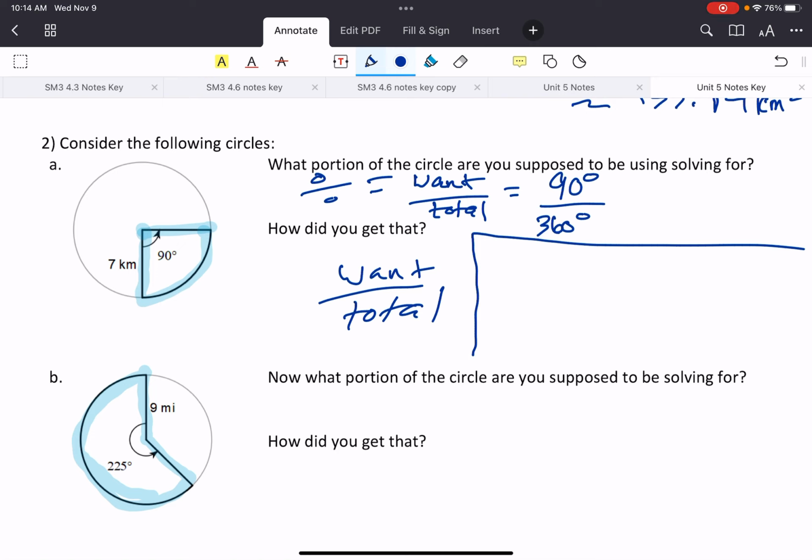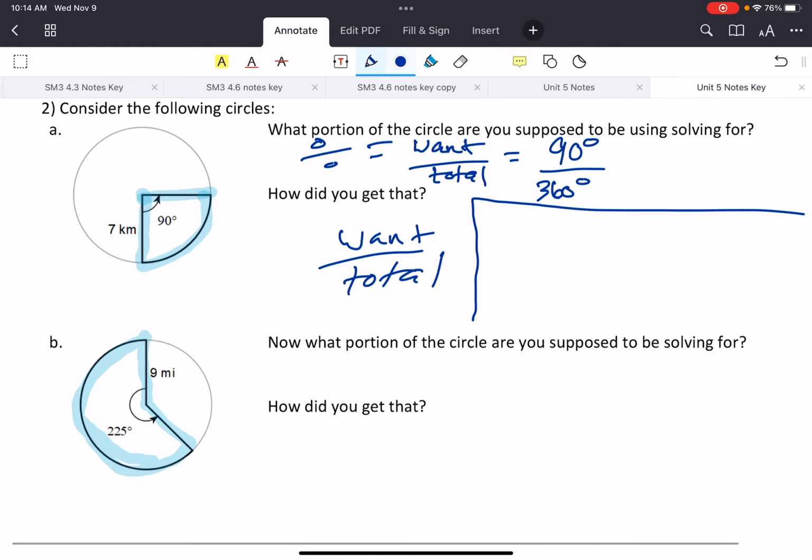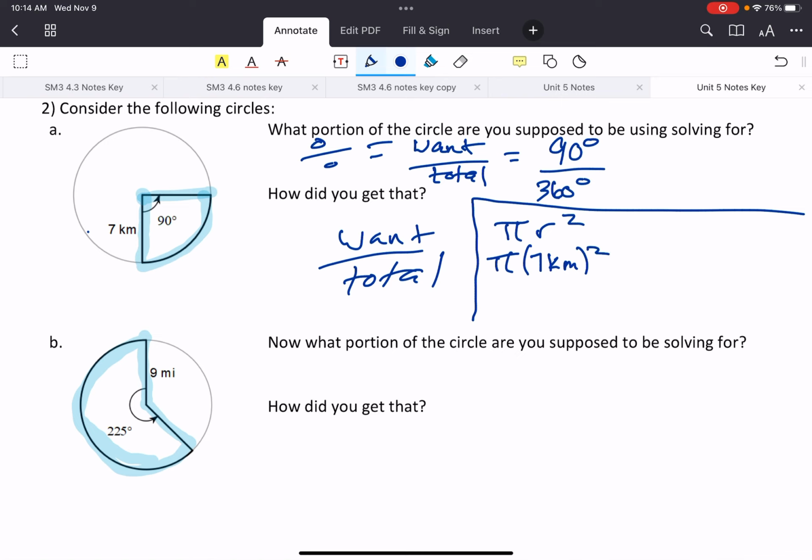How do we find the total area of this circle? We did it up here. Pi r squared. So we have 7 kilometers is our r because it's from the center to the edge. Pi, 7 kilometers squared.